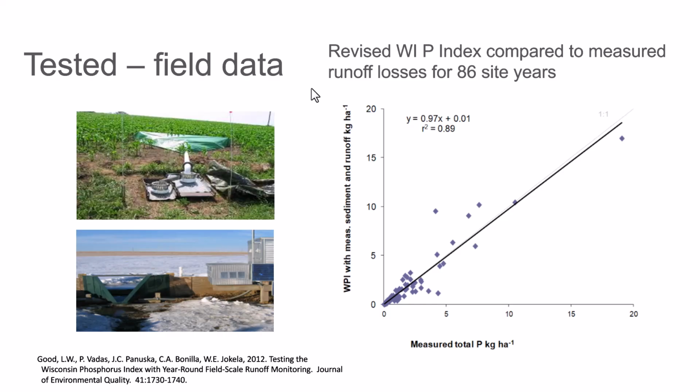When we have measured data for how much phosphorus actually left a field from one of these monitoring stations, we can put those same conditions into the Wisconsin Phosphorus Index and see how well we do, and find places where we are estimating phosphorus loss well, and then places or cropping systems where we need to do better and make some changes so that we're lining up with actual field data that we're observing out in fields.